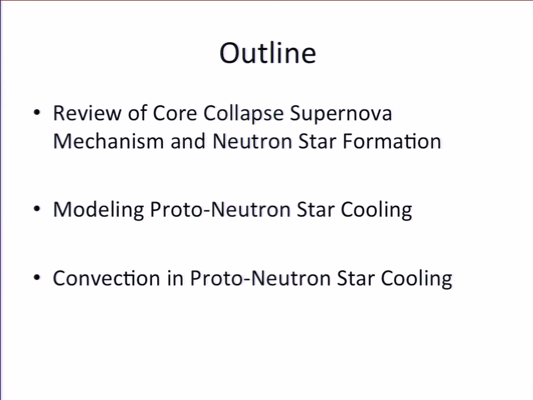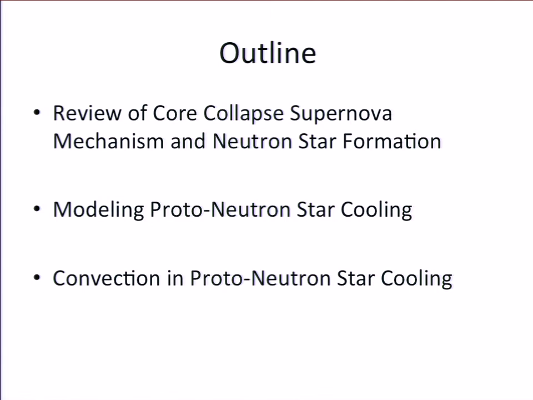So just a brief outline of the talk. It's mostly going to be a review because I assume most people in this room aren't physicists. I'm going to give a review of the core collapse supernova mechanism, and talk some about neutron star formation and what this neutron star does over the first 10 seconds of its life. Then I'm going to talk in a little more detail about modeling this proto-neutron star cooling phase.